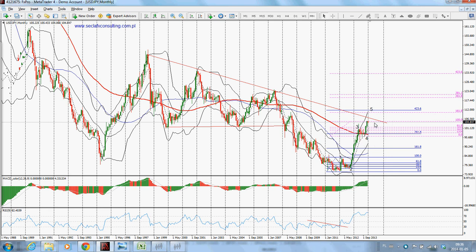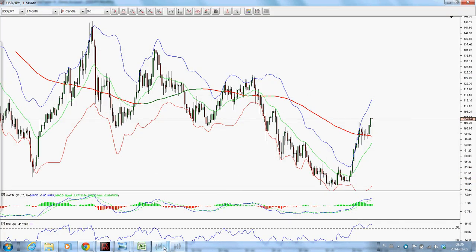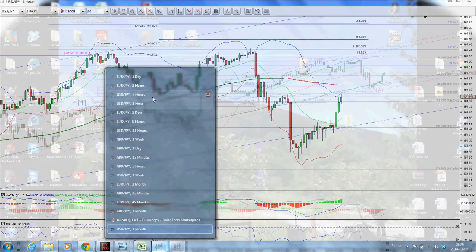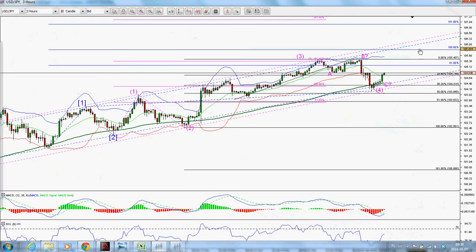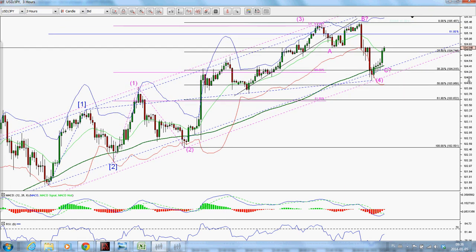But what is quite interesting, we may touch this line around 106.68. If I go back to this 3 hours chart, this is roughly around the same area. So this is what one can expect on this USD Japanese yen.